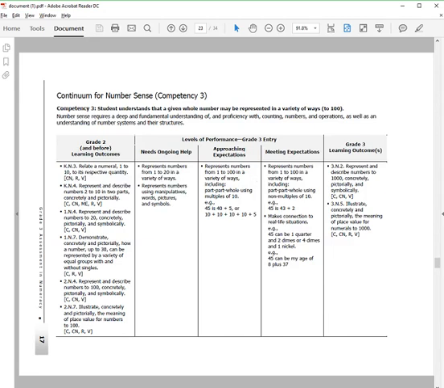If they're approaching expectations, they can still represent numbers from 1 to 100 in a variety of ways, but they struggle with making connections to real life situations, or they're only using multiples of 10. Meeting expectations is that they're breaking numbers down without multiples of 10.